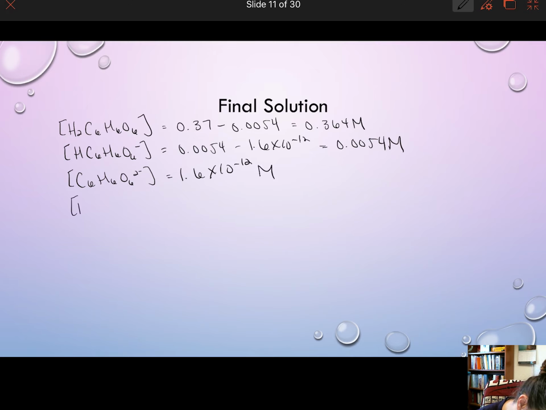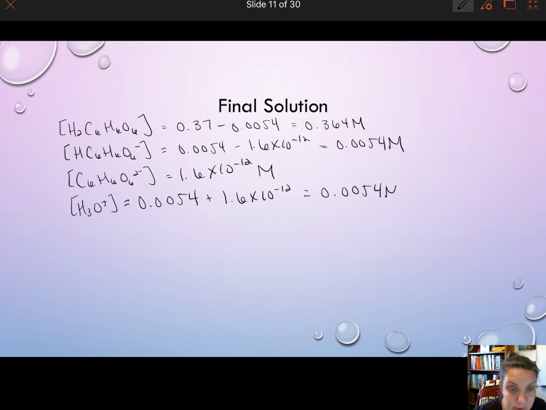And lastly, hydronium. The first dissociation is the only one where we got hydronium concentration worth anything. So we could add in the next one, but again, it makes no difference. We'll still be at 0.0054 molar here.